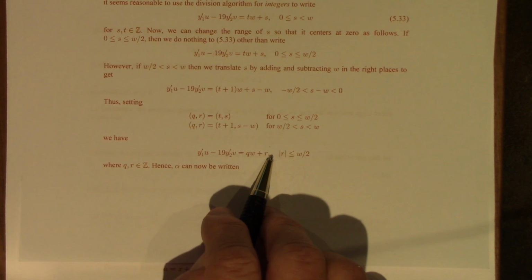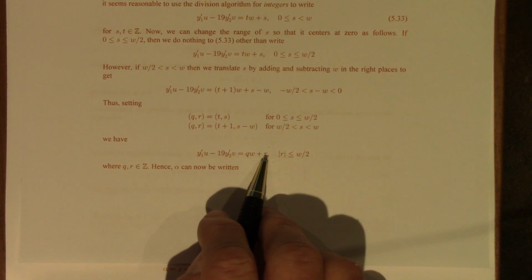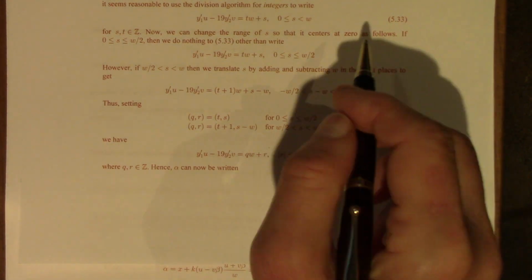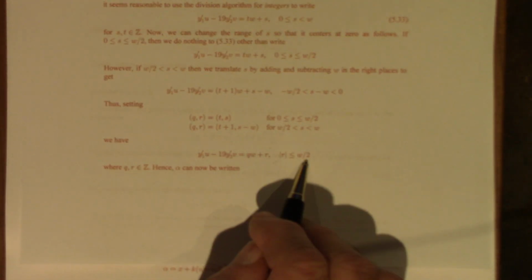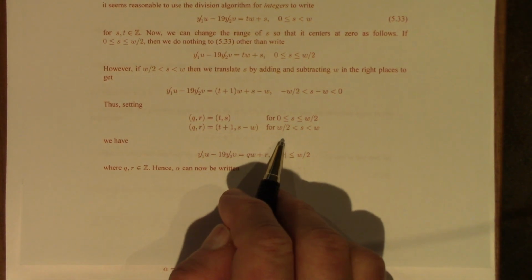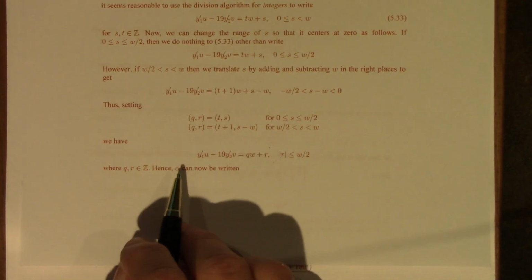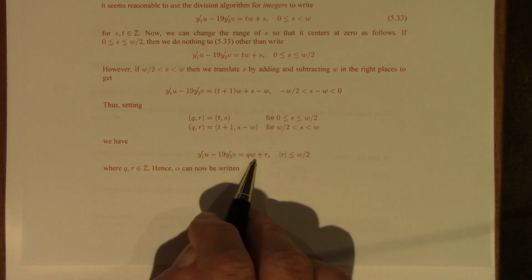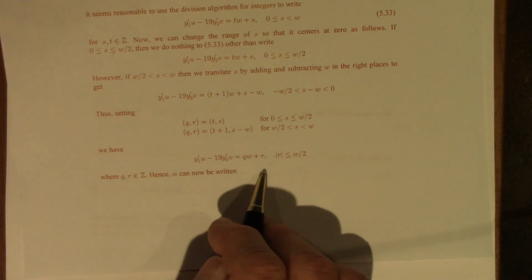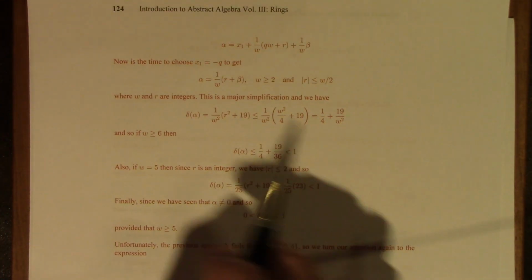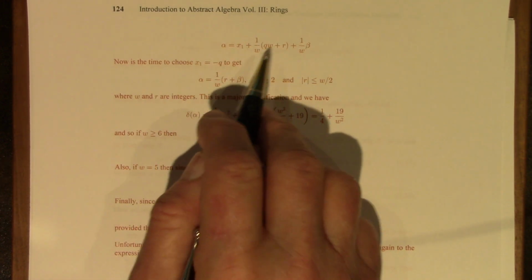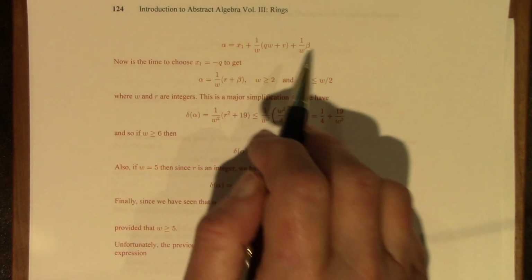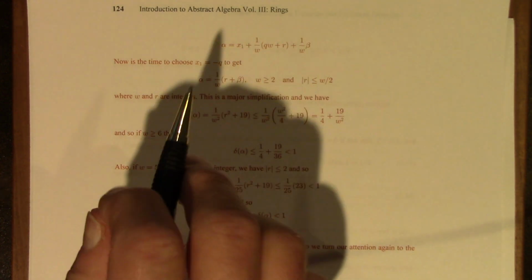I'll just mention that one of the papers in which this is proved, I don't remember whether it's the Mathematics Magazine or the American Mathematical Monthly paper, just simply states, do this without any explanation. Okay. So, because of this, alpha can now be written x1 plus 1 over w qw plus r plus 1 over w beta.